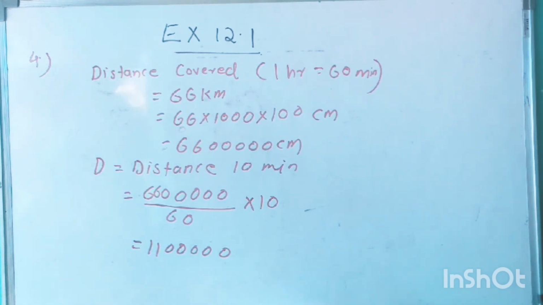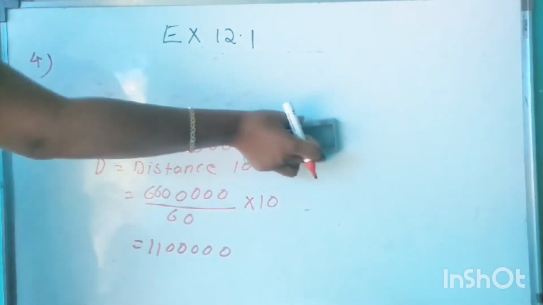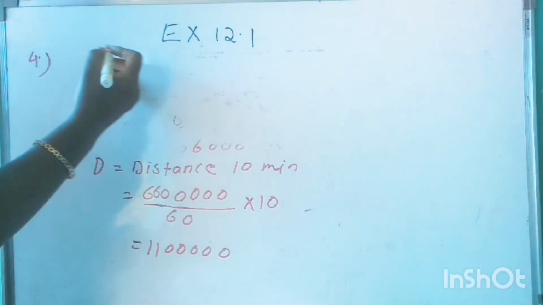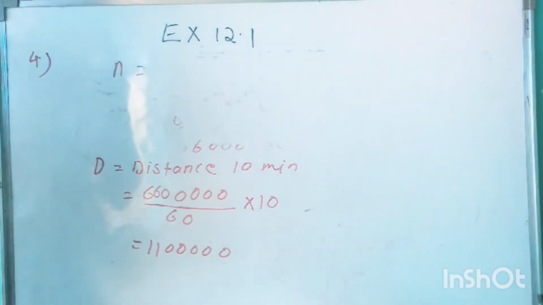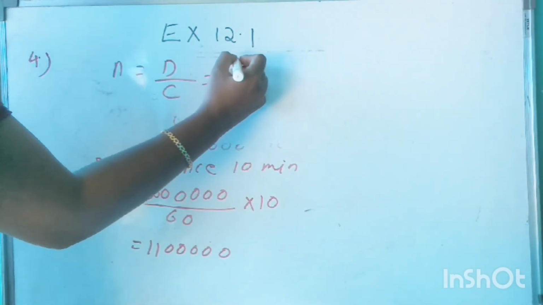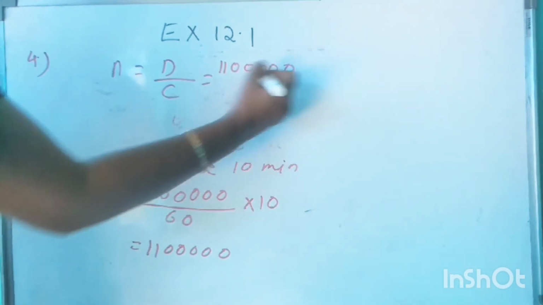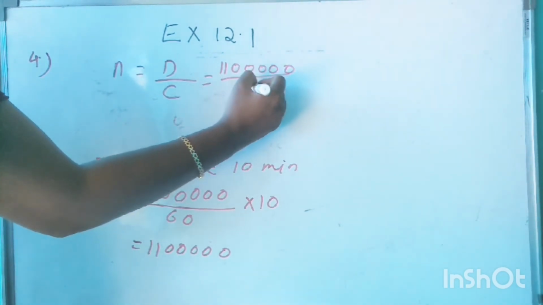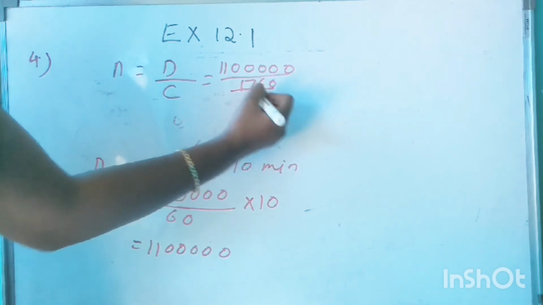The number of revolutions is equal to the total distance traveled by the wheel divided by the circumference of the wheel. So the number of revolutions is equal to D divided by C, that is 1 and 5 zeros divided by 1760 divided by 7.